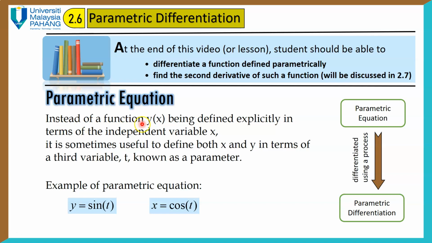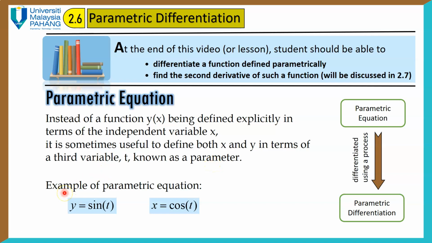Instead of a function y(x) being defined explicitly in terms of the independent variable x, it is sometimes useful to define both x and y in terms of a third variable t, and we call this a parameter.